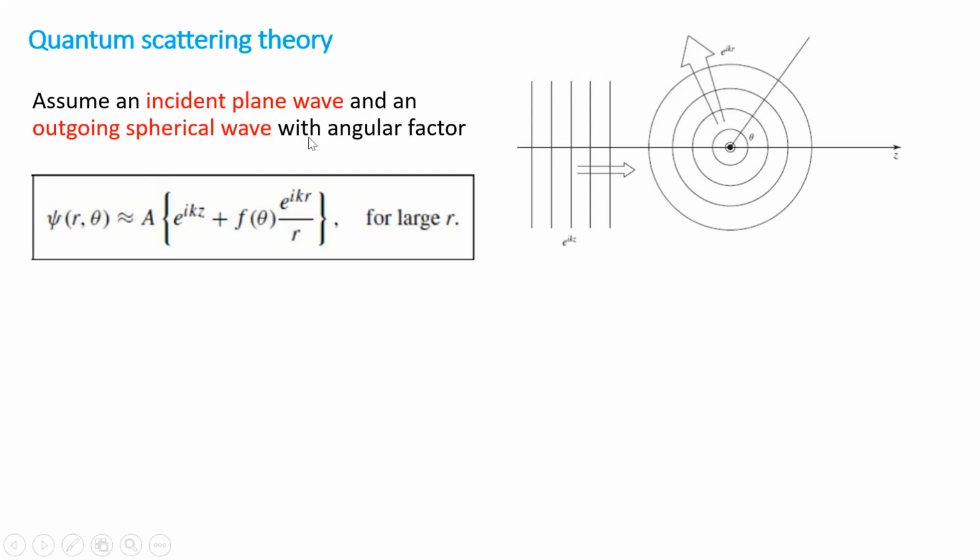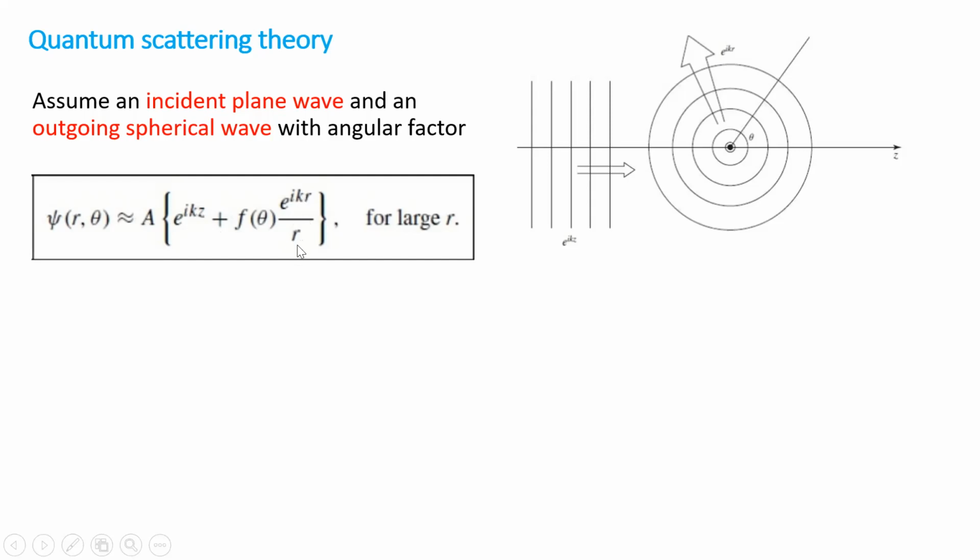And then the stuff coming out, or the scattered part, is an outgoing spherical wave, which would be e to the i k r, so radially coming out from the origin here. And the wave function, which would include both the incoming wave and the outgoing spherical wave, would be some constant times e to the i k z, the incoming plane wave, plus e to the i k r.